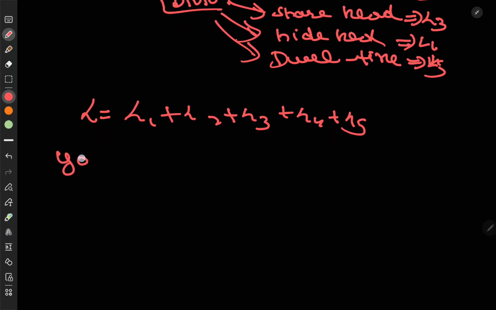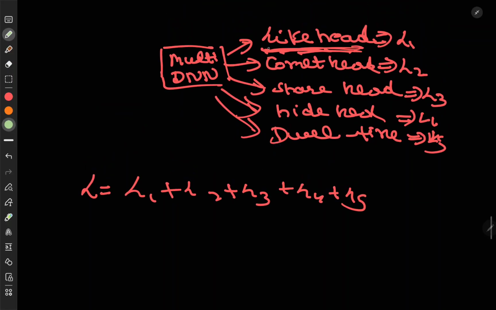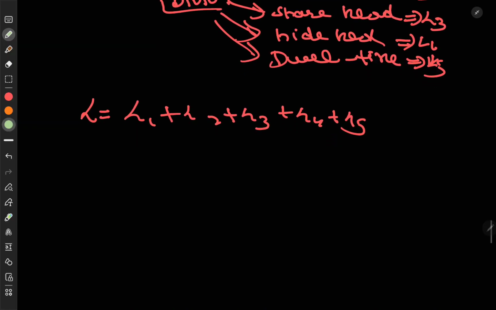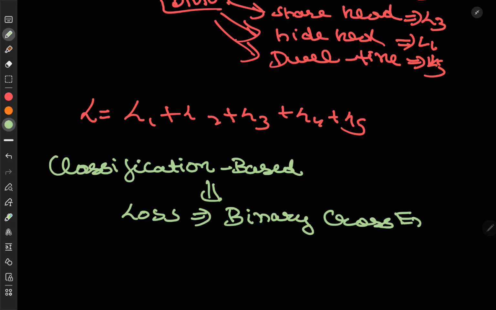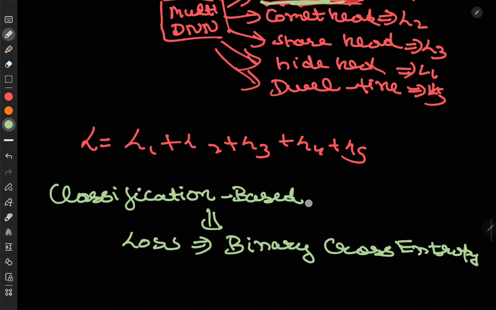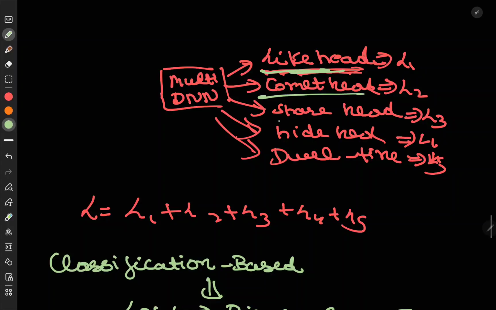You are just predicting whether the user is going to like this post or not, so it's a classification problem. The simplest thing you can do is use binary cross entropy as the loss function. Same goes for the comment head, the share head, and the hide head.